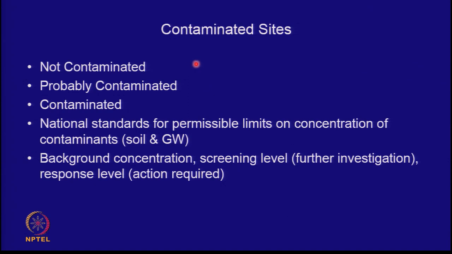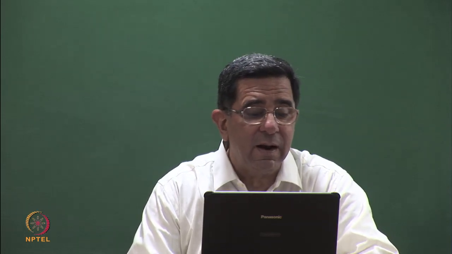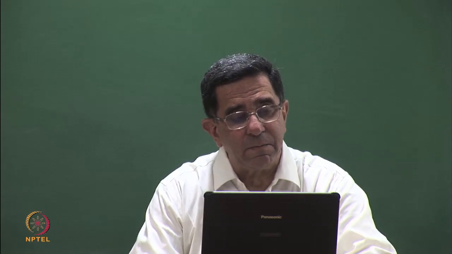So today in India, 3 classifications exist. You may get a report, site may not be contaminated. You may get a report, and from the preliminary data you may say it is probably contaminated, and then after doing detailed studies you can call it a contaminated site.